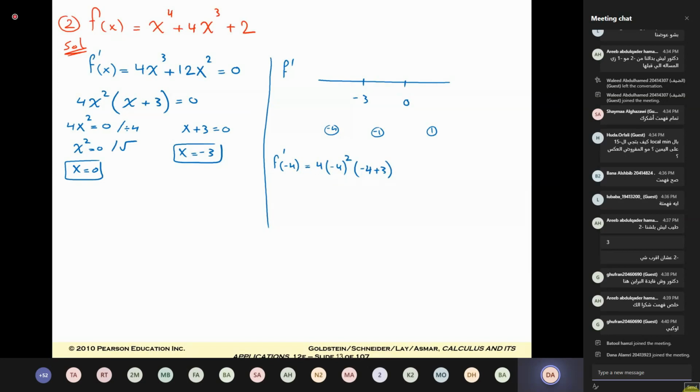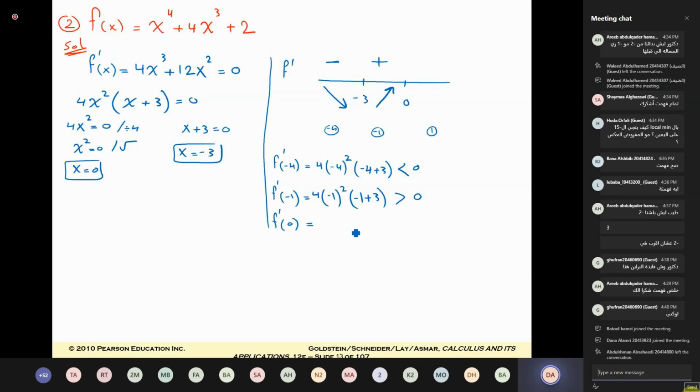So we have positive multiply positive multiply negative, so we have negative, decreasing. f prime at negative 1, we have 4 multiply negative 1 square and negative 1 plus 3. This is positive, so we have positive and increase. So we can from now conclude at minus 3, this is local what? Local minimum.